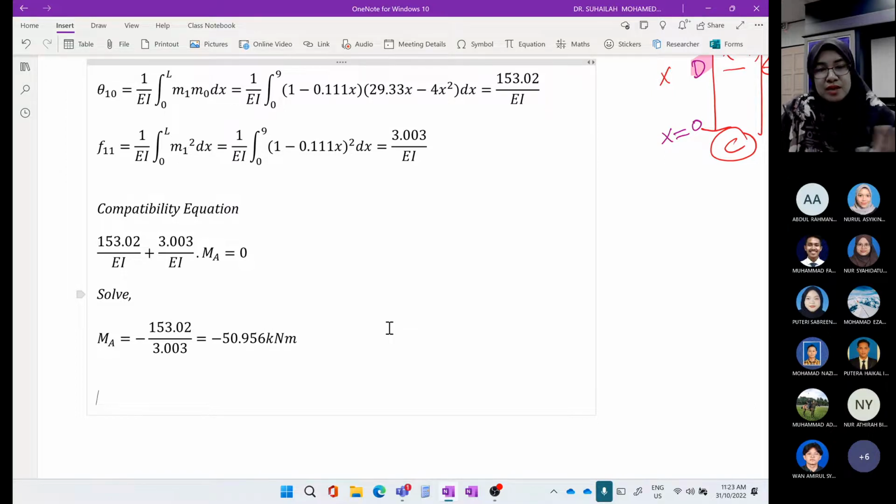Remember the general equations from principle of superposition.